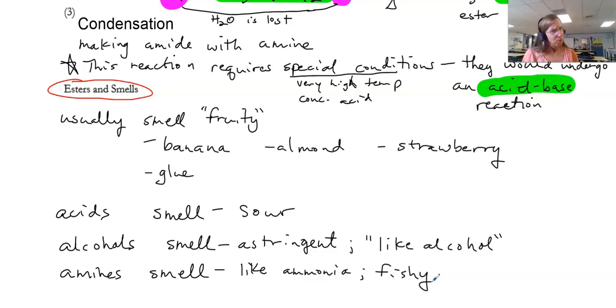And other ones like aldehydes and ketones, they're a bit all over the place. Some aldehydes also smell fruity, but some of them smell really sour or really astringent. So I'm not going to say anything about them here because they're hard to predict what their smell might be like.